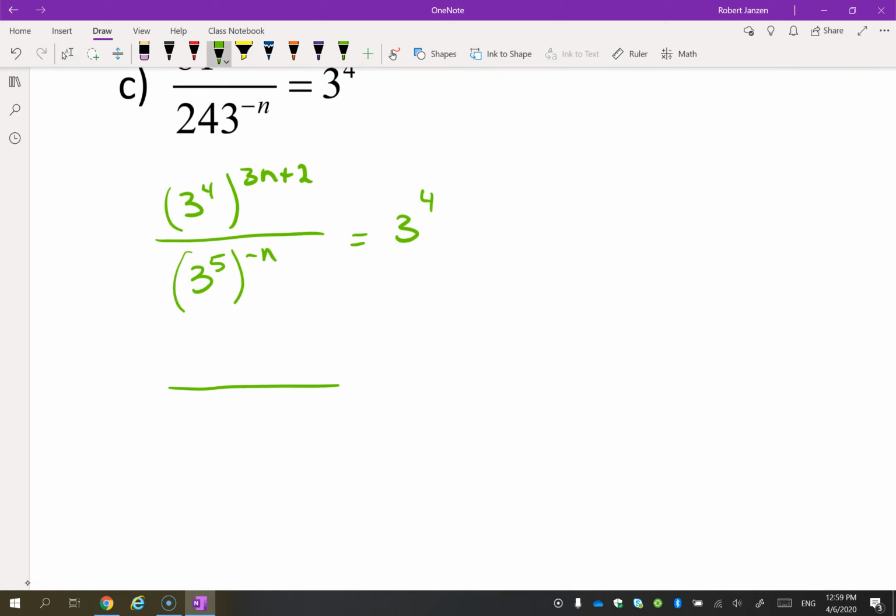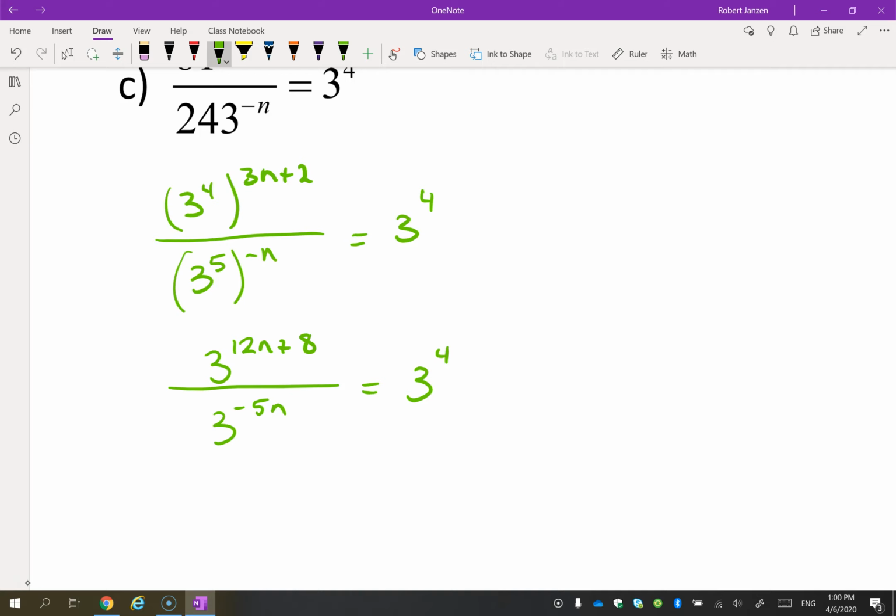Okay, let's combine. You get 3 to the 12n plus 8 and 3 to the negative 5n. Do you remember what to do when you divide bases that are the same?